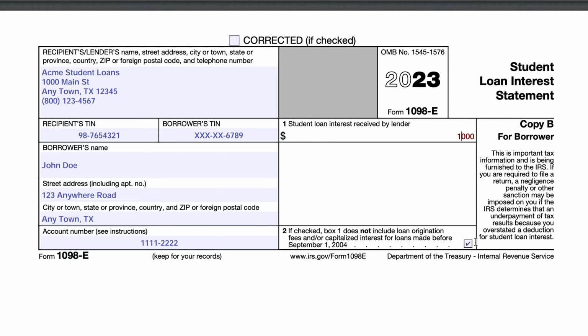Or if you paid less than $600 in a given year of tax interest and the loan issuer is exempt from having to file a Form 1098-E on your behalf, then you may need to calculate this just to get any amount of interest, because you'll only receive a Form 1098-E if you paid $600 or more of student interest during the tax year. So we do break down the order.